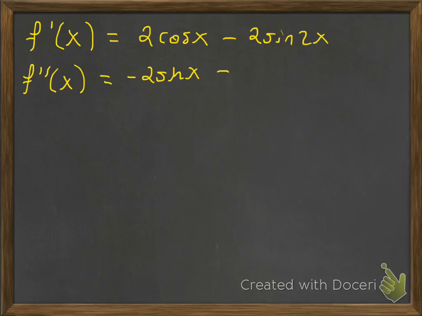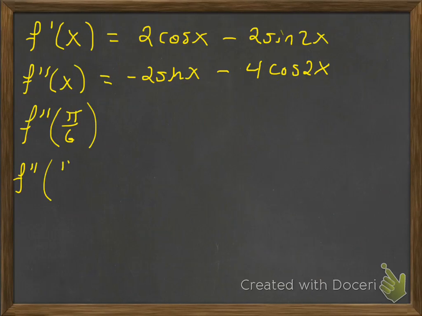All right, so we'll have 4, and then derivative sine is cosine 2x. Although I didn't write a very good x there, so let's see if I can make myself a better x there. Okay, that looks better.